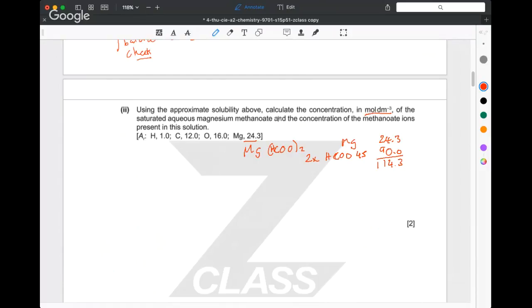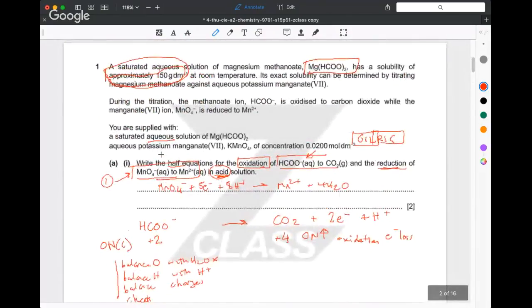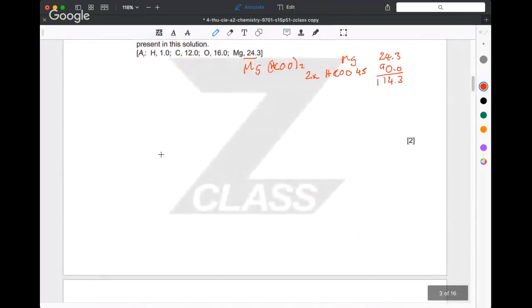But we've got to go from a concentration in grams per decimeter cubed to moles per decimeter cubed. And we know that we've got 150 grams in a decimeter cubed. So our mass is 150 grams. To work out the number of moles, the amount, that is always the mass divided by the molar mass.